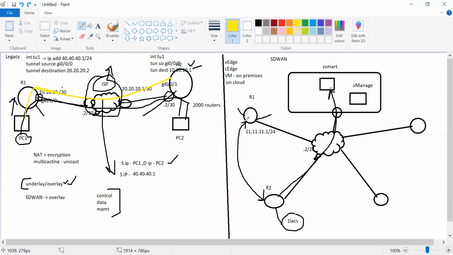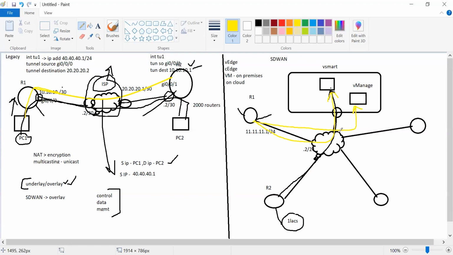But that is an explicit tunnel that we configure, whereas this arrow towards the vSmart is again an example of the tunnels we configured in legacy networking. Each and every device in SD-WAN has a DTLS secure tunnel established towards vSmart and towards vManage.